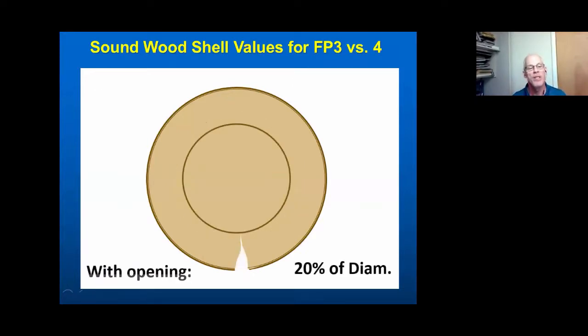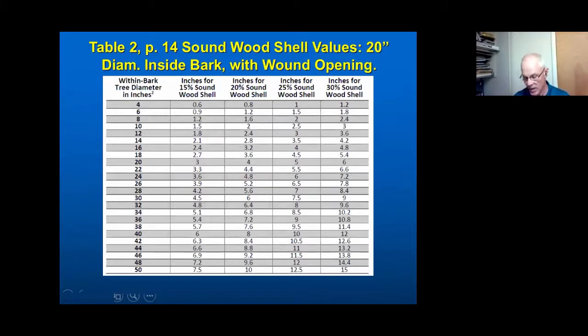At 20%, again, giving you an idea of what that might look like. And this is 20% of the total diameter of the wood moving across in the situation where you have a tree with an opening. And this table on page 14 lays this process out for you fairly simply.